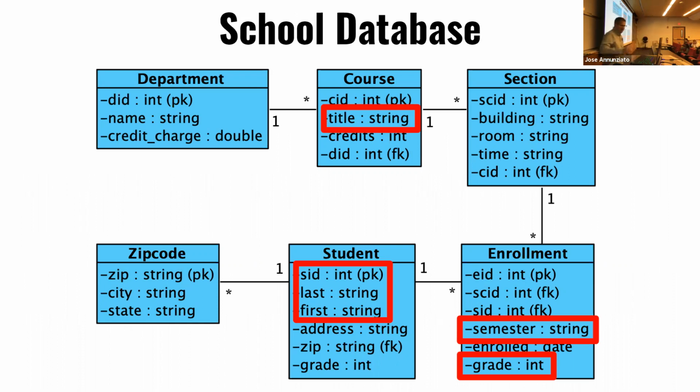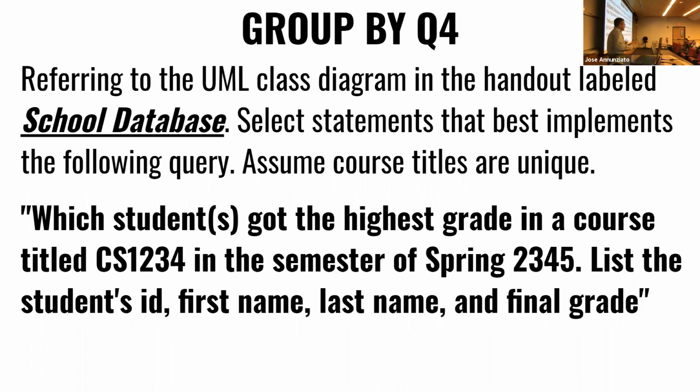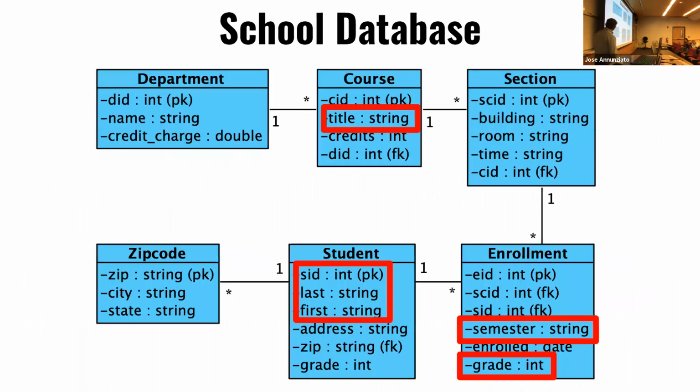And it's asking us, which students? Notice that when I say which students, I'm asking you to retrieve the ID, first name, last name, and final grade for the student. That information is available in the students table, and the students table has the last name, first name, and whatnot. It's here, right?